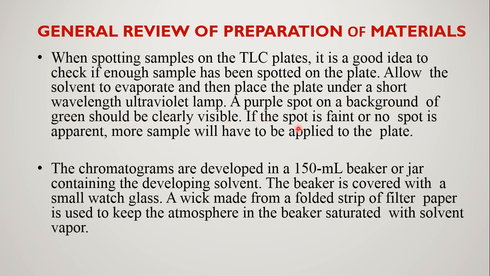If this spot is not visible, or if it is faint, so maybe there in this spot very less amount of sample is present, so we apply more sample on the same spot, on the same place.